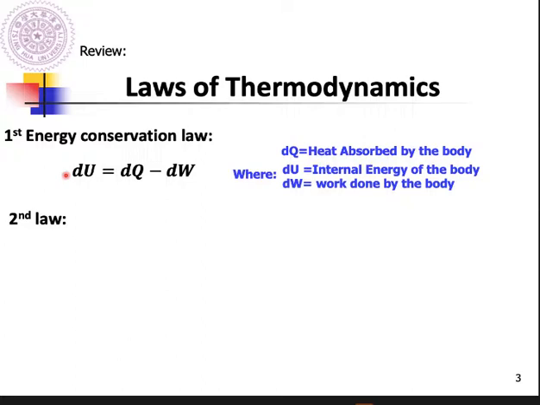This law also tells you that energy transformation is okay. Energy can be transferred to different kinds of energy. For example, you can transfer the heat, the thermal energy, to internal energy or mechanical work, but you cannot create energy.